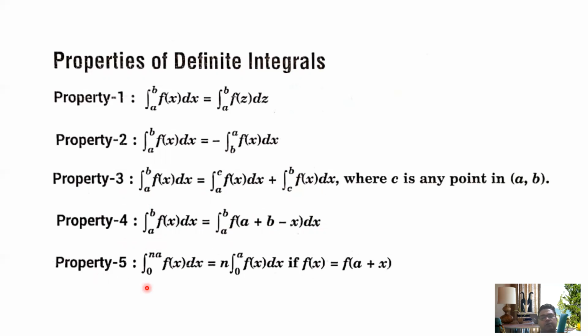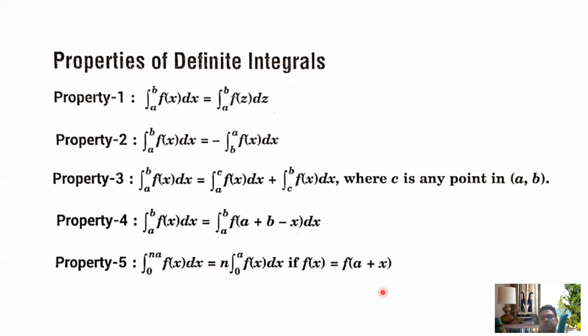Property number 5: the integral from 0 to na of f(x) dx is equal to n times the integral from 0 to a of f(x) dx, if f(x) is equal to f(a + x).